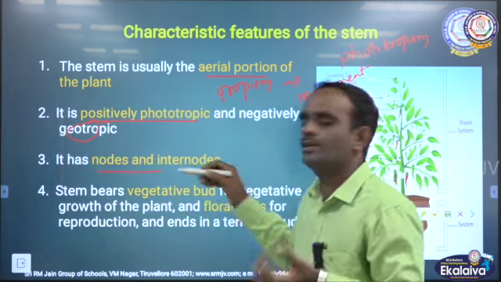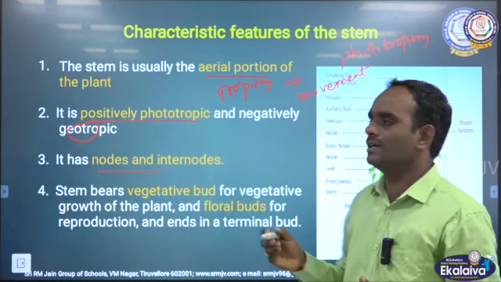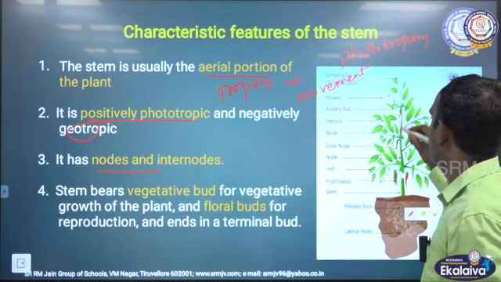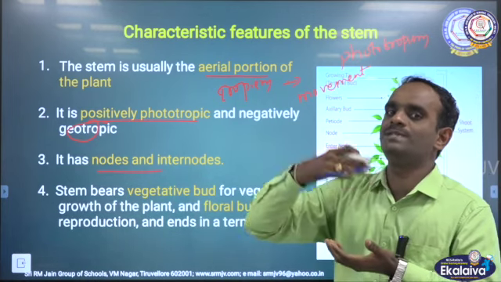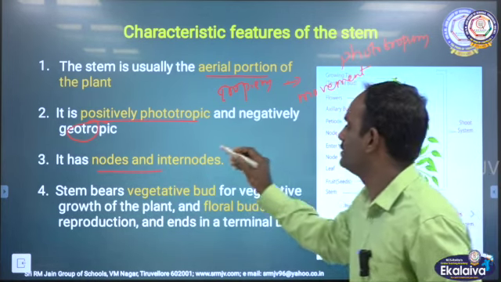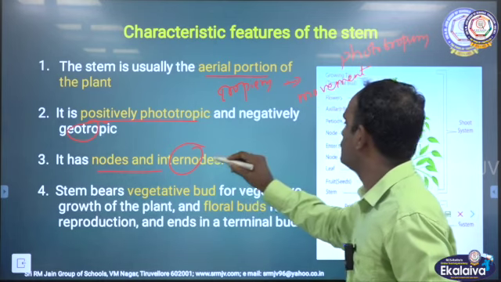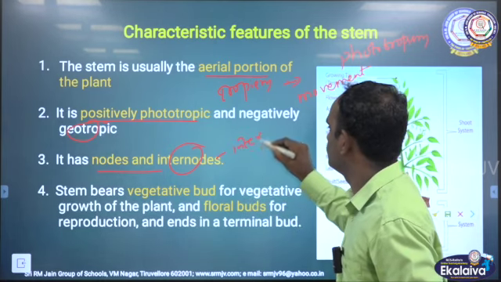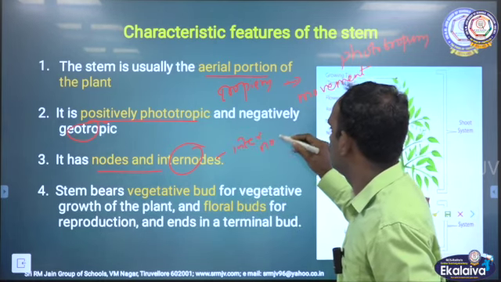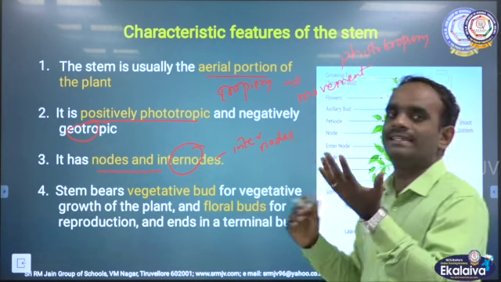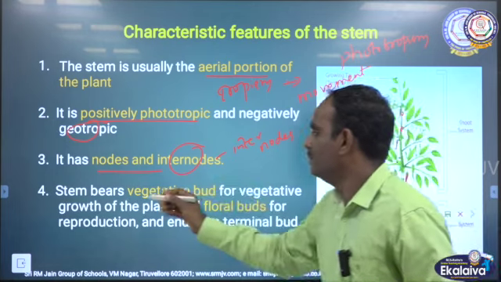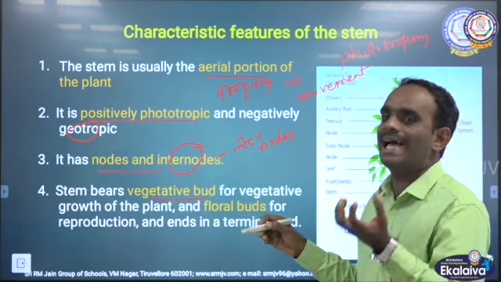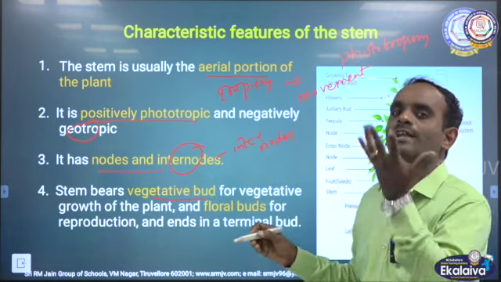Then it has nodes and internodes. See the picture here. In the plant, so many nodes are there. The space between the two adjacent nodes is said to be internode. Then the stem bears vegetative buds as well as floral buds.